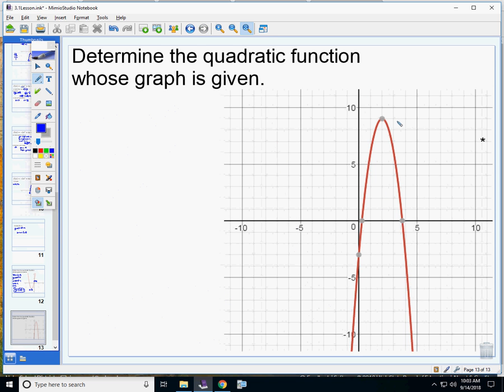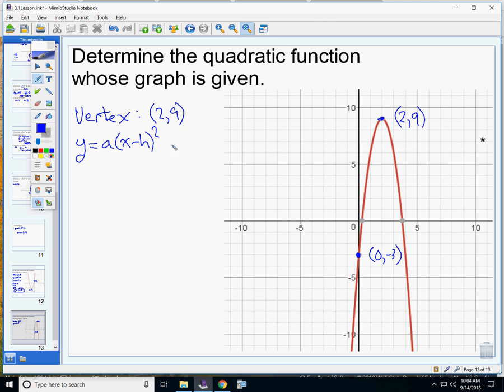Now here's another parabola, another quadratic function. The vertex for this one is at 2, 9. Then I can pick another point on here. It looks like I got a nice one right down here. This one is 0, -3. And I'm plugging it into my vertex form, which is y equals a multiplied to x minus h quantity squared, and then plus k.